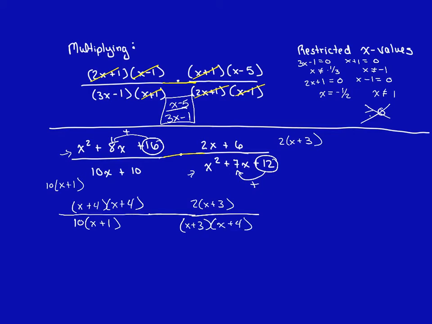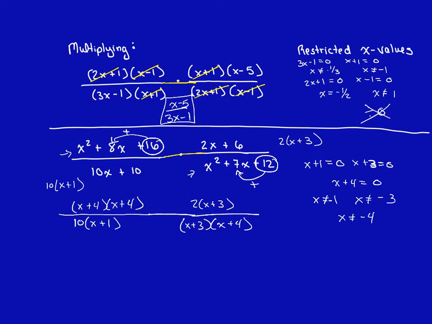And now we're factored, so let's just set our factors in the denominator equal to 0. X plus 3 equals 0, and x plus 4 is equal to 0. So x cannot equal 1, negative 1, sorry. X cannot equal negative 3, and x cannot equal negative 4.